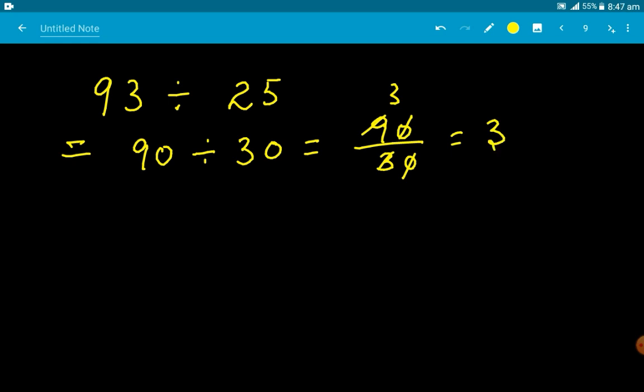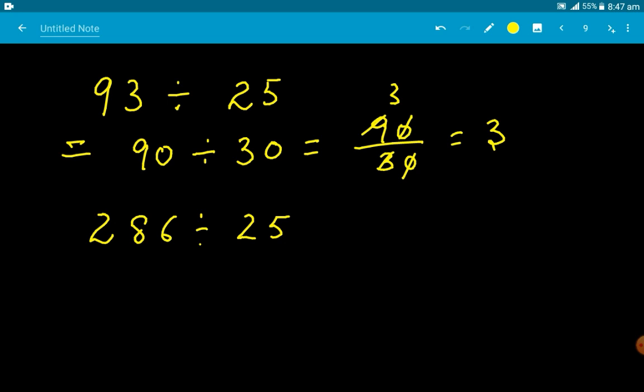Let's take one more example. 286 divided by 25. Now you are not told whether to round off to the nearest tens or 100.